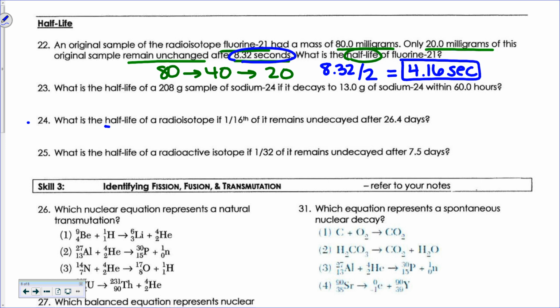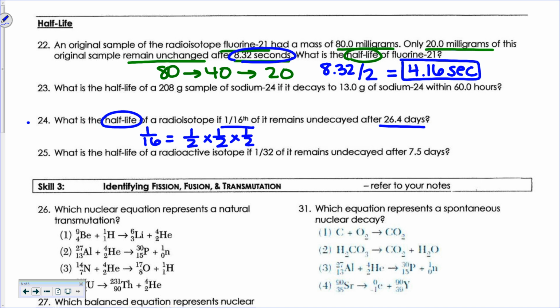What is the half-life of a radioisotope if 1/16 remains undecayed after 26.4 days? So let's think. I can figure out 1/16. Is that equal to 1/2? No. Is it 1/2 times 1/2? No, that'd be 1/4.